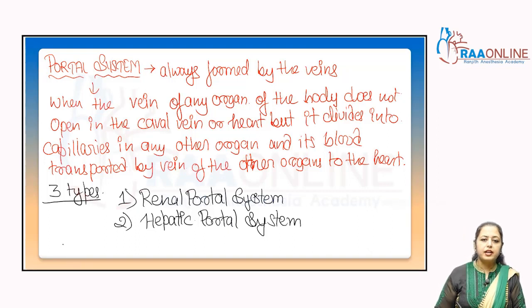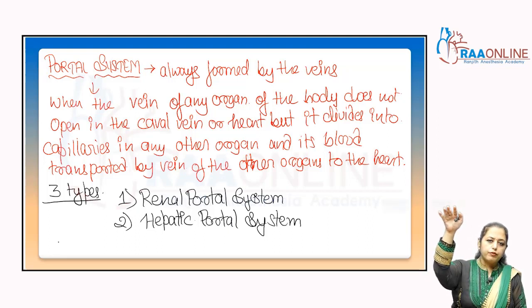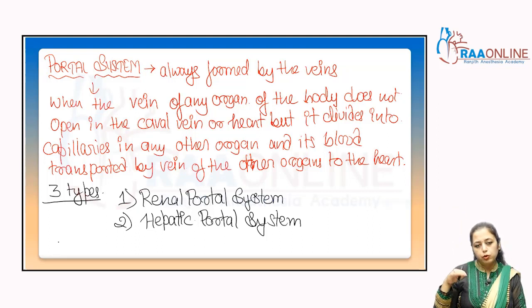The hepatic vein opens into the inferior vena cava, which carries the deoxygenated blood towards the right atrium, and from the right atrium to the right ventricle, going through the pulmonary artery to the lungs for oxygenation, right.